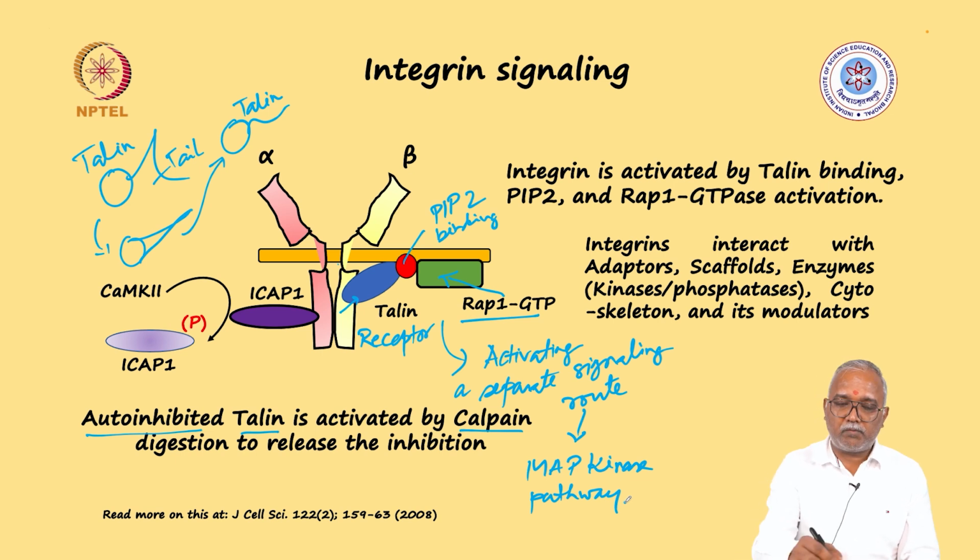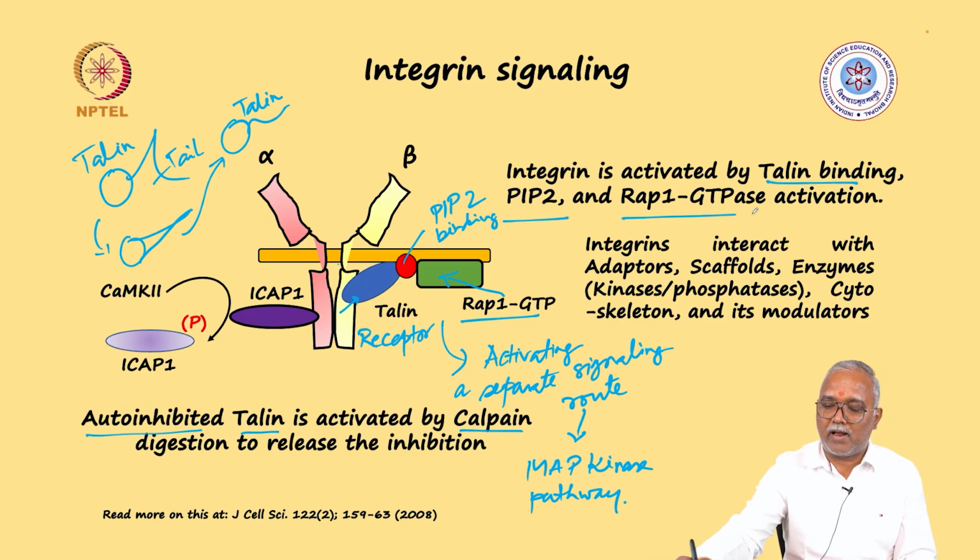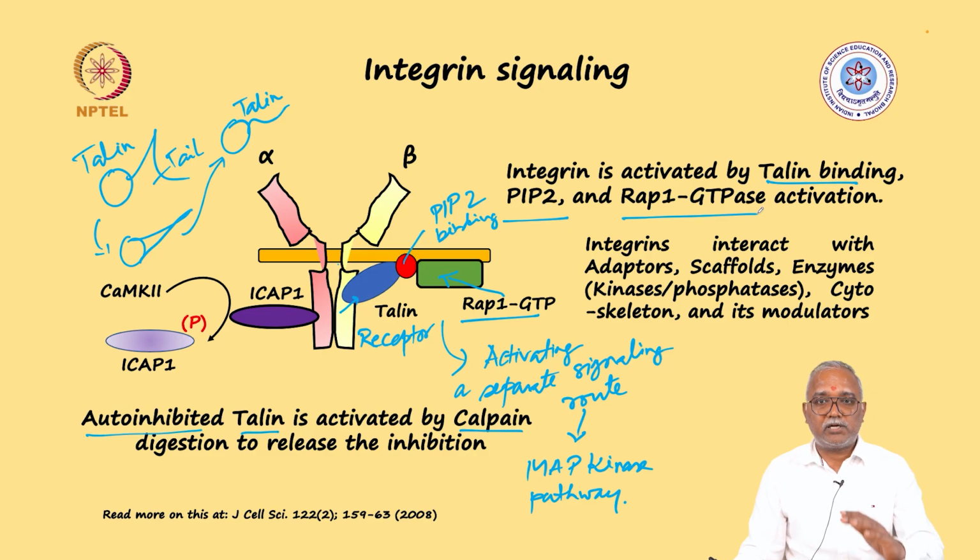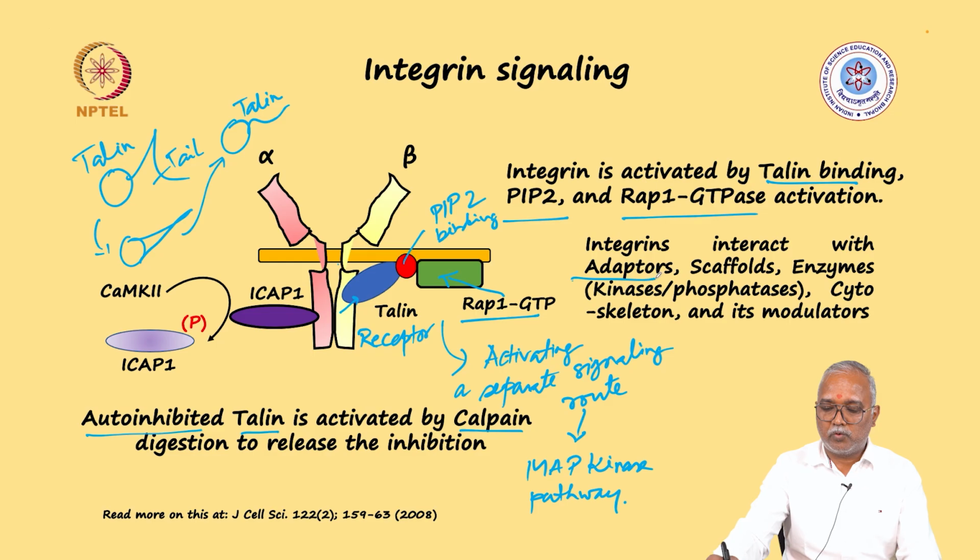So downstream of this activated receptor, which is done by talin binding, PIP2 association and RAP1 GTPase, the next set of multiple molecules can be brought over there. Those could be adapters, those could be scaffolds, or enzymes, whether it is a kinase or a phosphatase, or cytoskeleton proteins, they are binders and modulators.